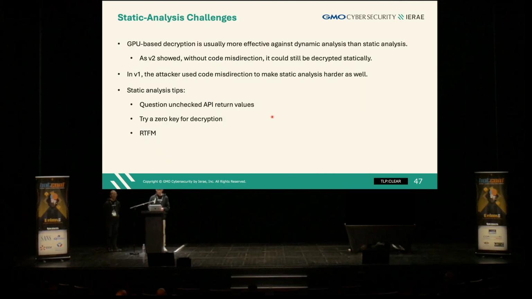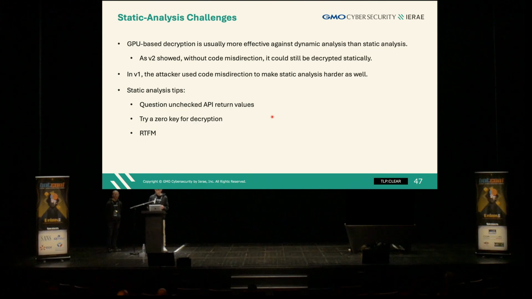So GPU-based decryption is really quite effective against dynamic analysis, more so than static analysis, in my opinion. As version 2 showed, without this kind of code misdirection, you can still decrypt it statically. Version 2 wasn't too much of a challenge, but in version 1, the attacker used this code misdirection to make that static analysis component a little bit harder as well.